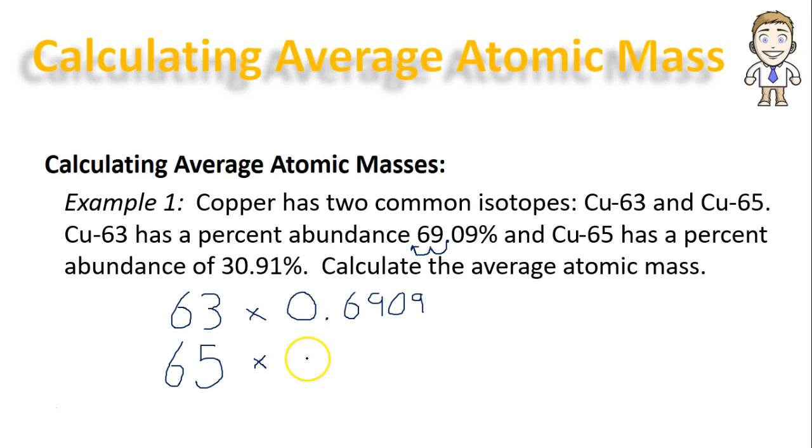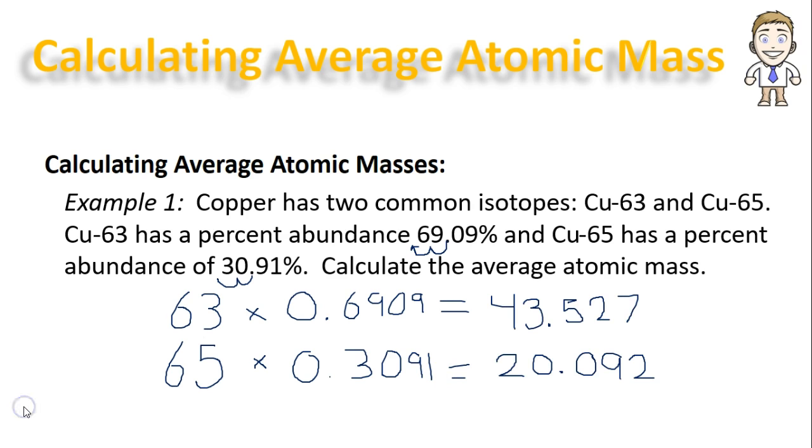And you'll do the same thing with the 65, multiply it by 30.91%, just with that decimal place moved 2 to the left. So 0.3091. When you're done with that, you multiply through and get your answers. So when you multiply, these are the numbers you get, 43.527 and 20.092.